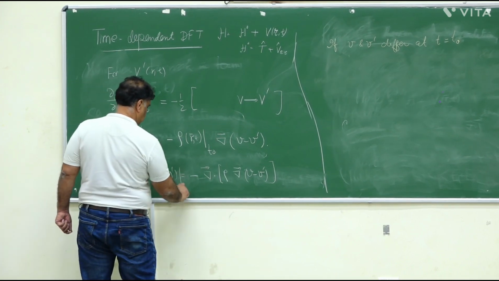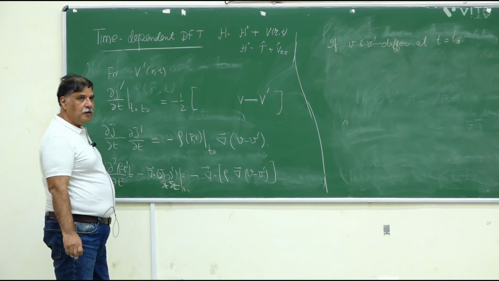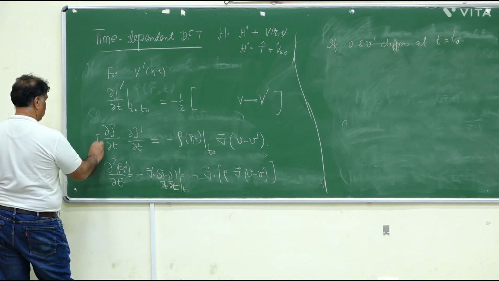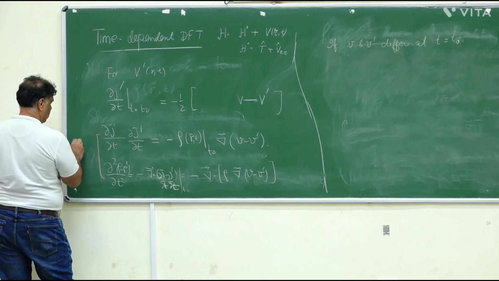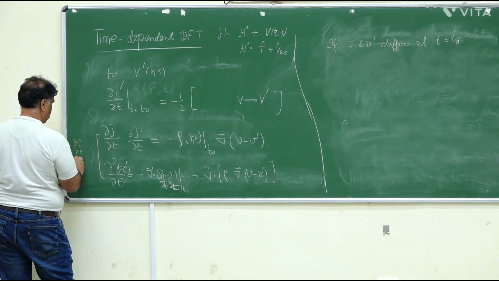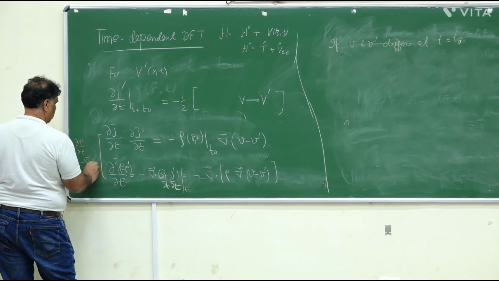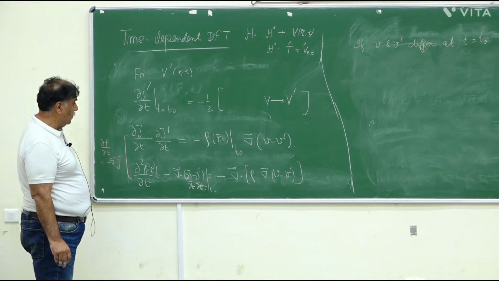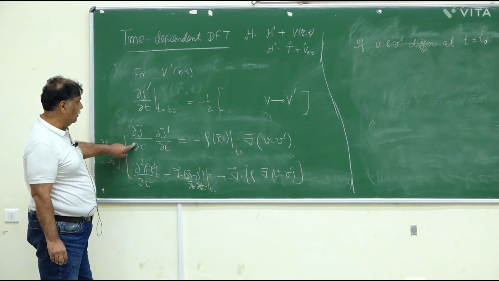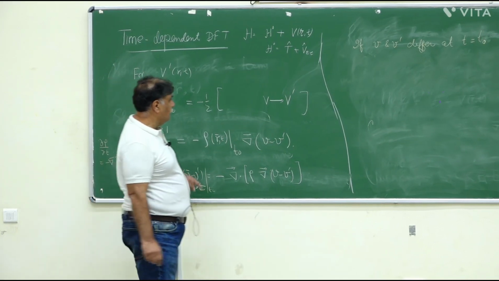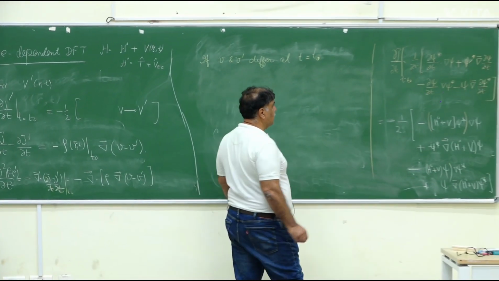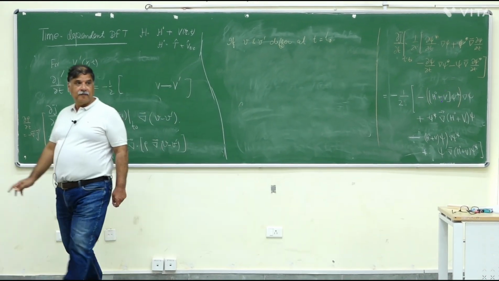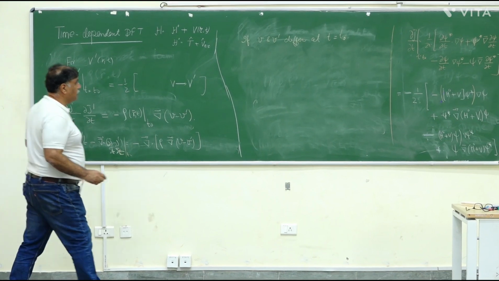So how do you get this equation, del j by del t minus del j prime? Because this is following from d rho dt equals minus divergence of j. Yes, this I have understood, but the second last one. This one. Because I subtracted from this the j prime one.